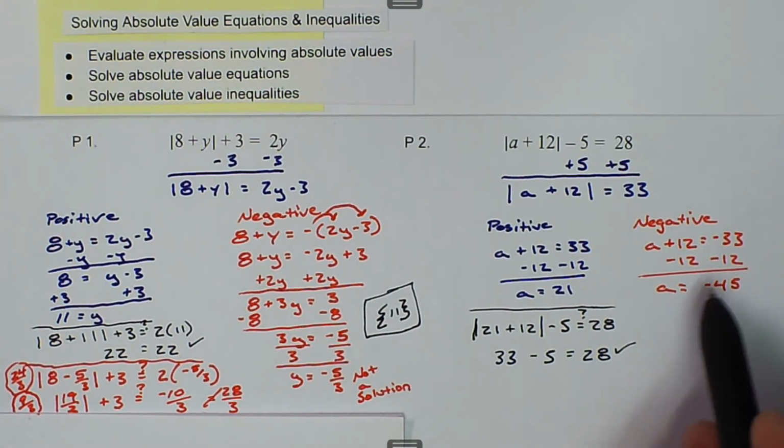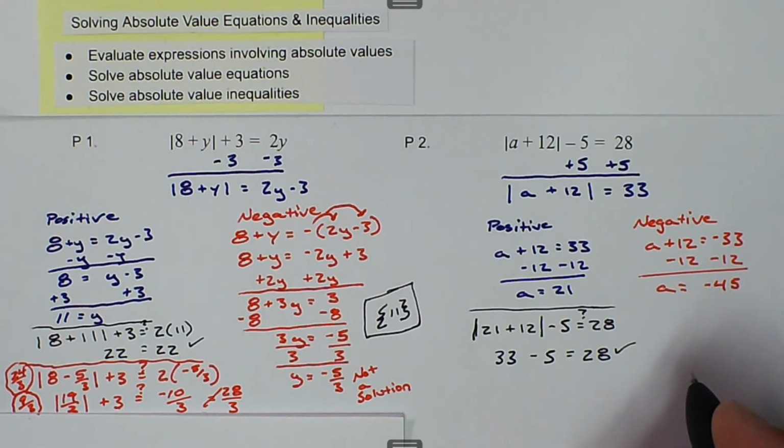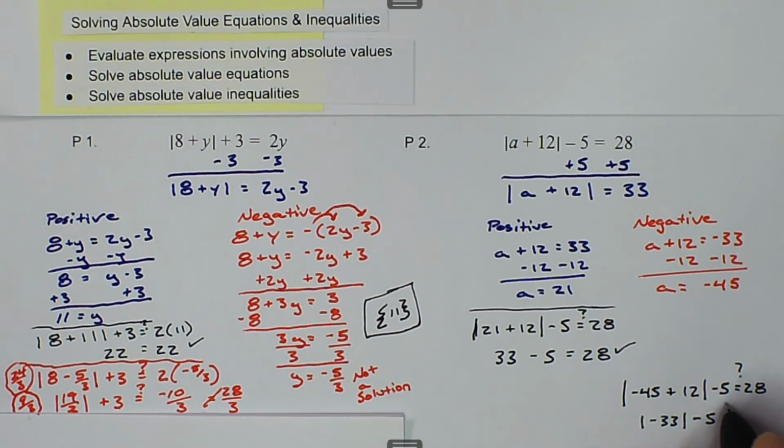And then we can check when a is negative 45. So the absolute value of negative 45 plus 12, minus 5, is that equal to 28? Negative 45 plus 12, that's the absolute value of negative 33, minus 5, is that equal to 28?